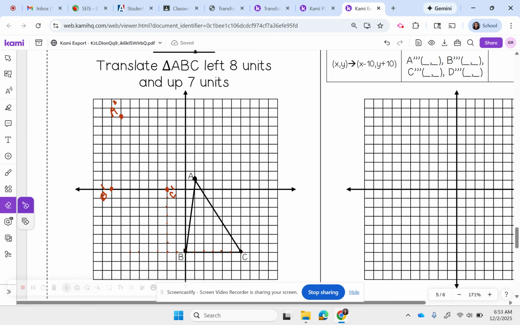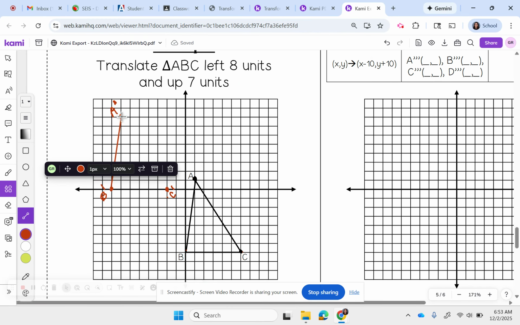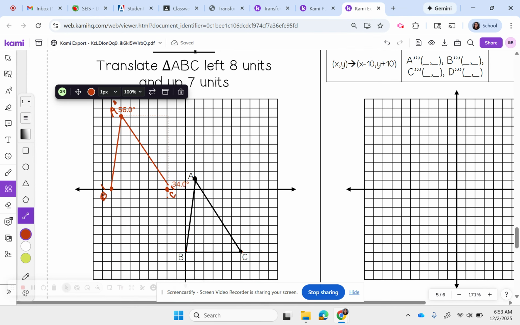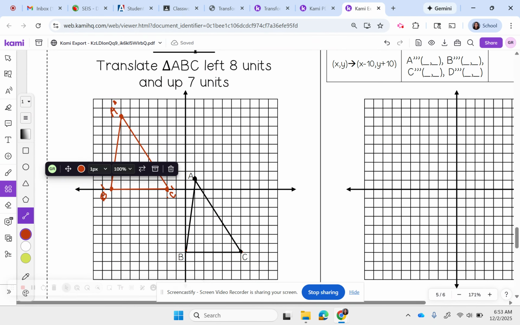Okay, and so now we can go ahead and connect our points to create our new triangle. So here we go. Okay.